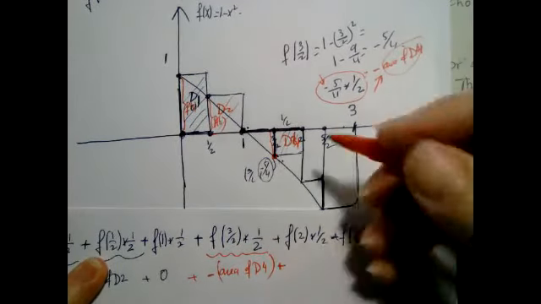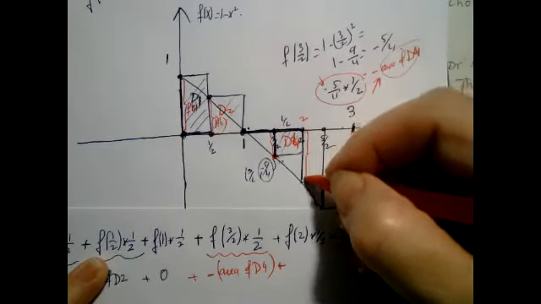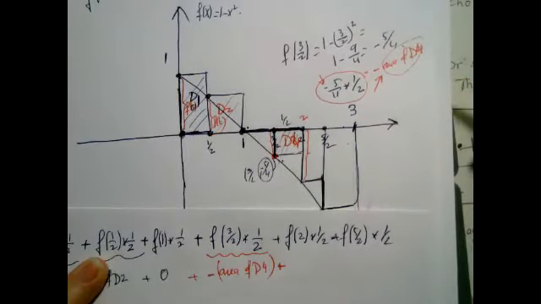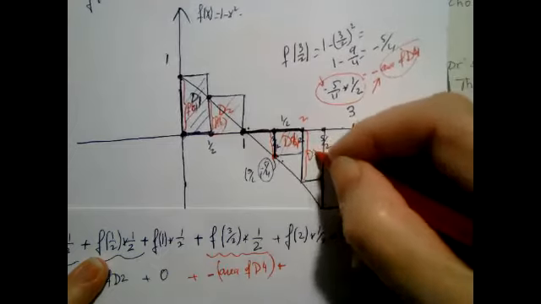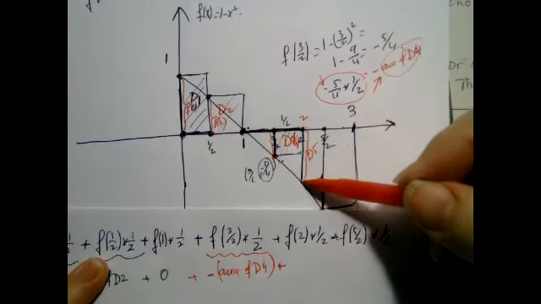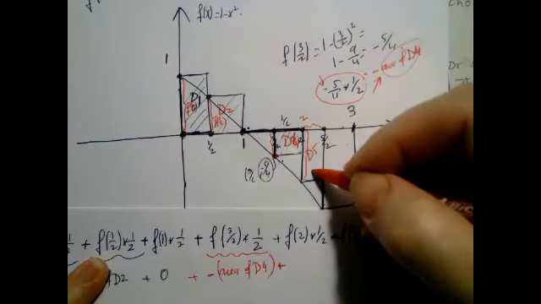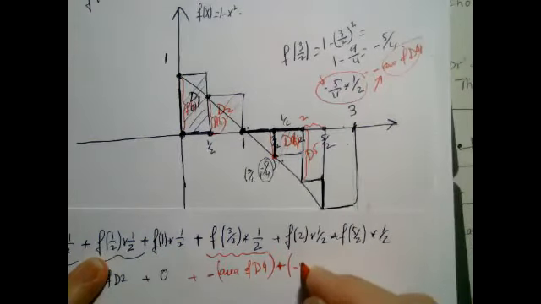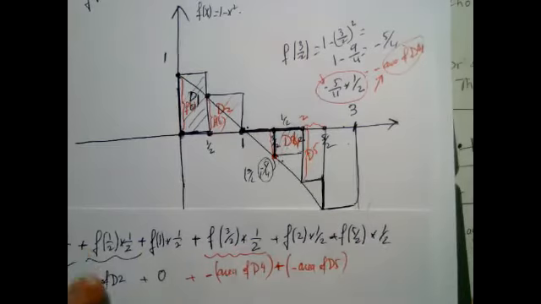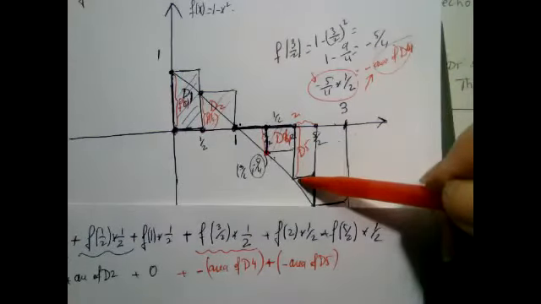Plus, this is my 2. The value of the function at 2 is negative. So here my function is negative. So I'm going to call this region D5. So when I take f of 2 times the delta x, I will not get the area of D5. I'm going to get here again minus the area of D5. So it's not the area, it's minus the area because the function here is negative.